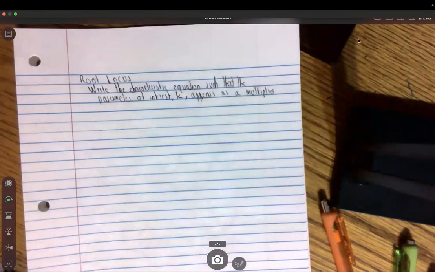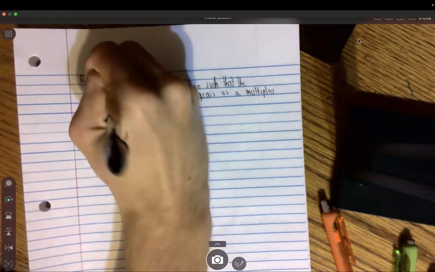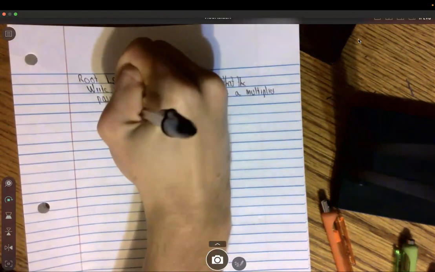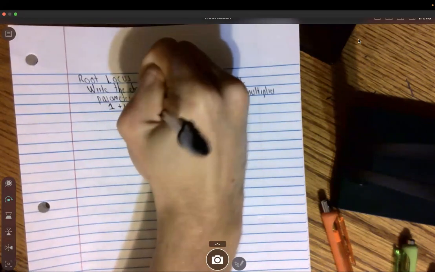Okay, so for this, you're going to see the equation 1 plus k L of s is equal to 0.